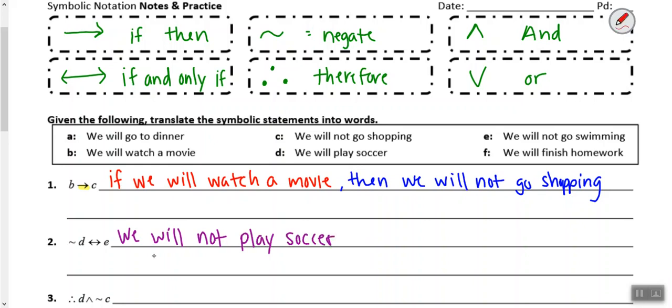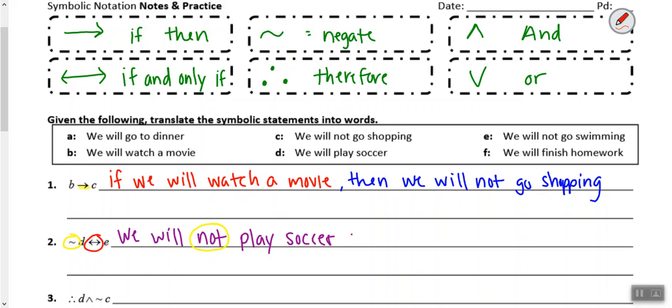Then we also have this double arrow, and that means if and only if. So right now, all I've done is negate D. So I've added the word not. So we will not play soccer.